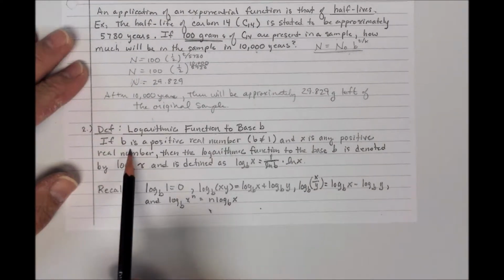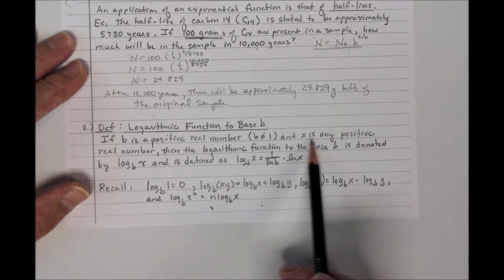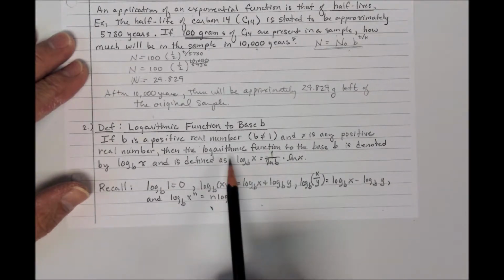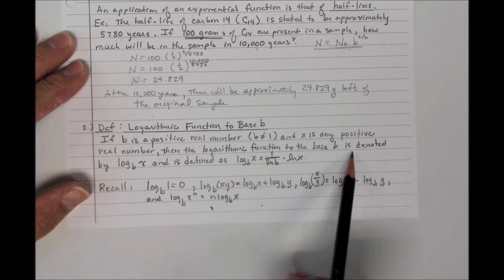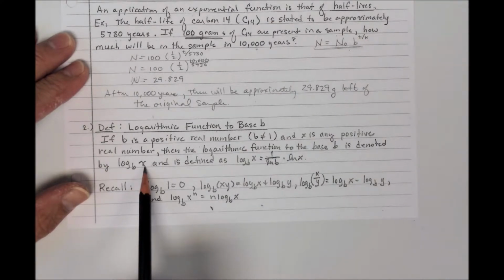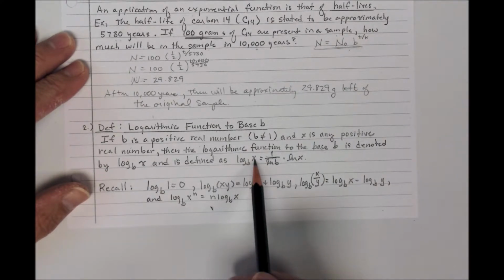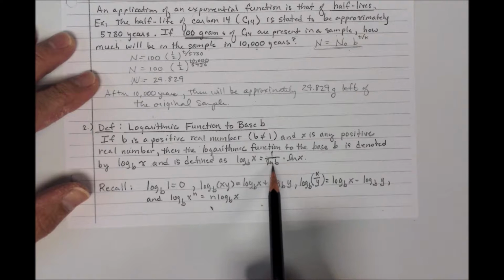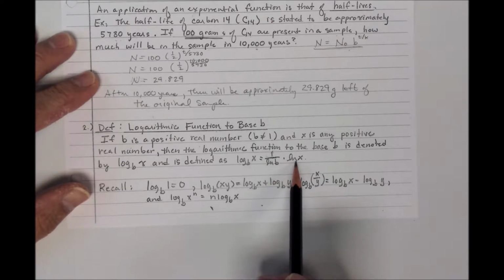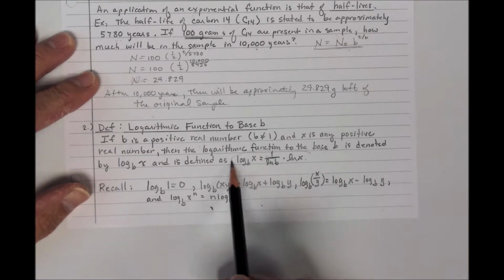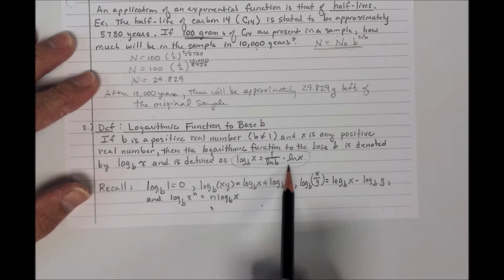So if b is a positive real number not equal to 1 and x is any positive real number, the logarithmic function to base b is denoted by log base b of x, and it's defined to be log base b of x equal to 1 over the natural log of b times the natural log of x. You should see this and say, oh, that's the change of base formula, and that's exactly what it is. You should remember this from your pre-calculus days.